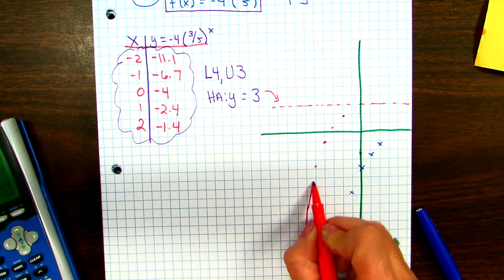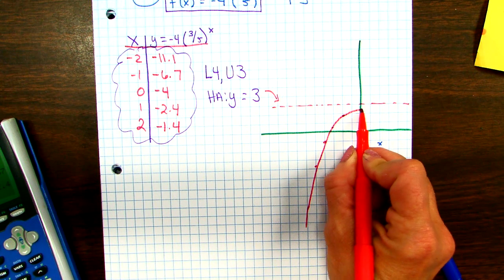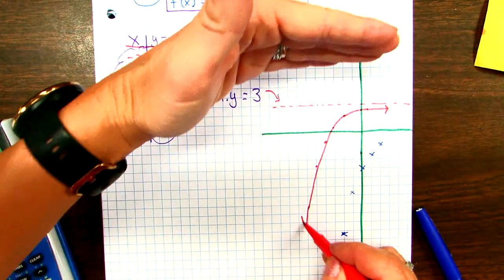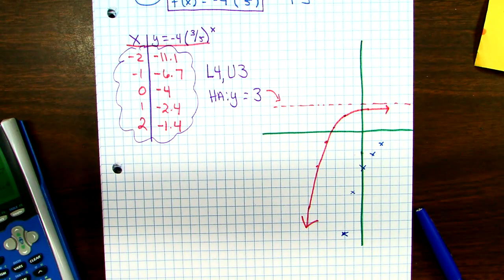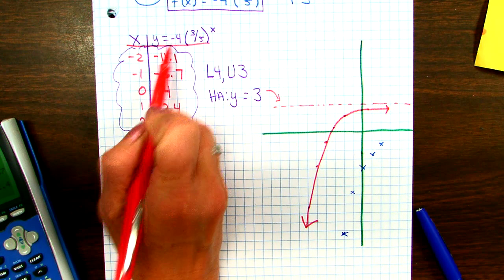And by putting that asymptote in there, I know where my curve is really going to have to take a turn. I'm not going to keep going down anymore. I'm going to keep going to the right. It looks like this because it has a flip in it, flipped over the x-axis. Okay?